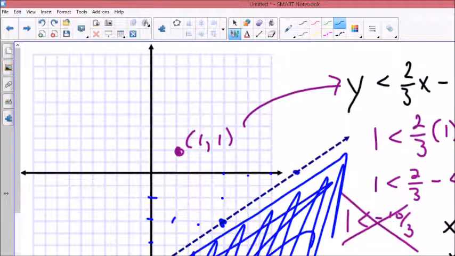So I pick an ordered pair that is not on my line, and I'm going to plug it into my inequality. If it satisfies the inequality, I'm going to shade that side of the line. Since my purple dot didn't satisfy the inequality, I know I'm standing on the wrong side of the line. So I have to go to the other side and shade over there.